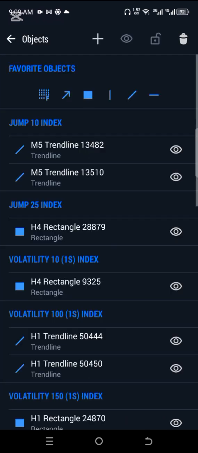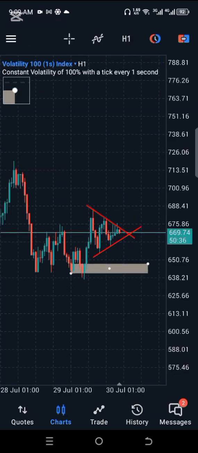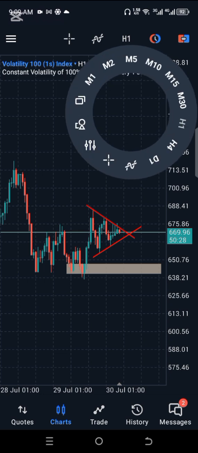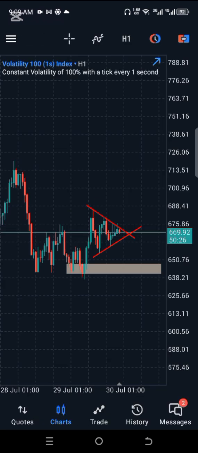What I see again here is a Quasimodo. This right here is the Quasimodo level, and should this triangle start to move to the bottom, it's most likely gonna touch here, which is this order block. So it's a decent trade in my opinion.